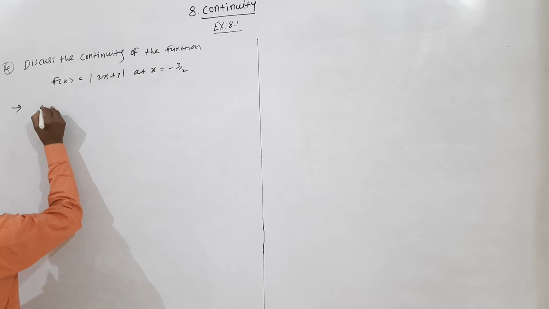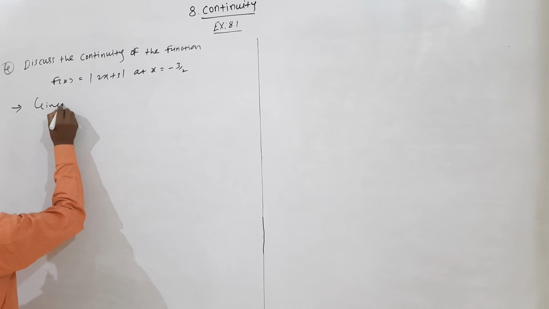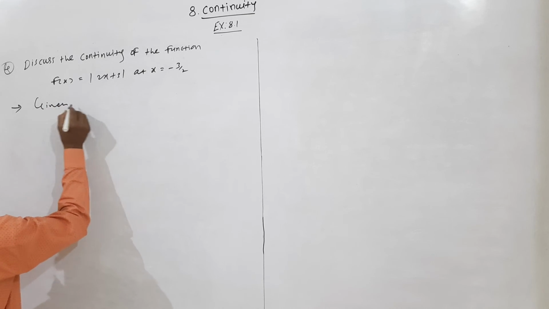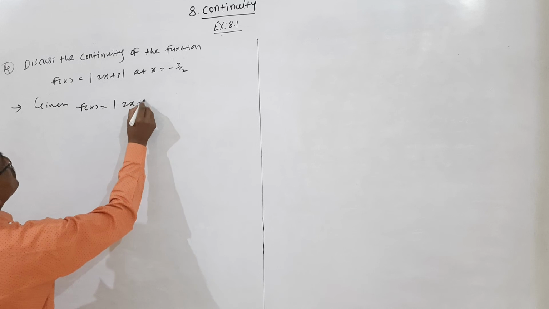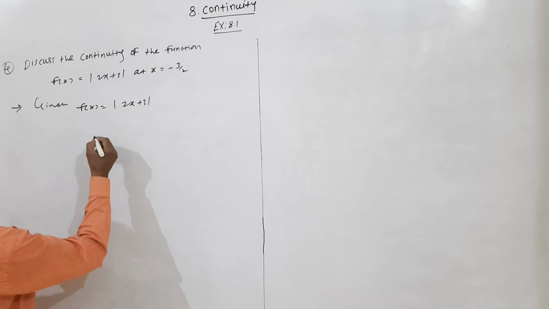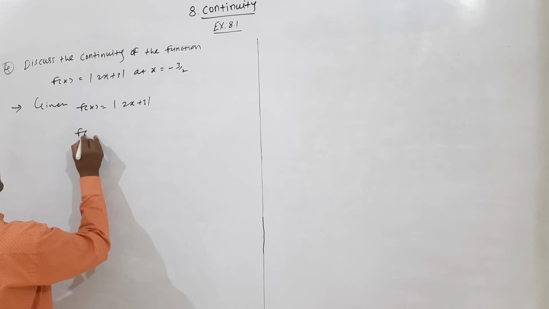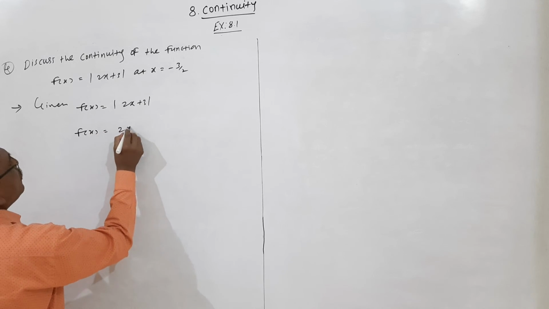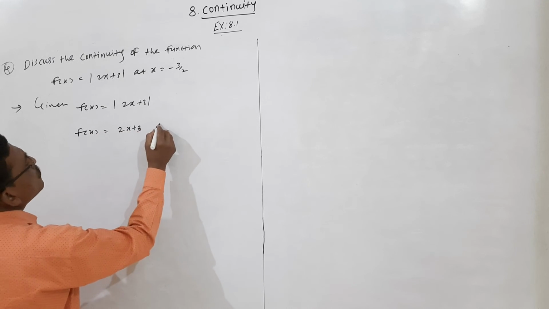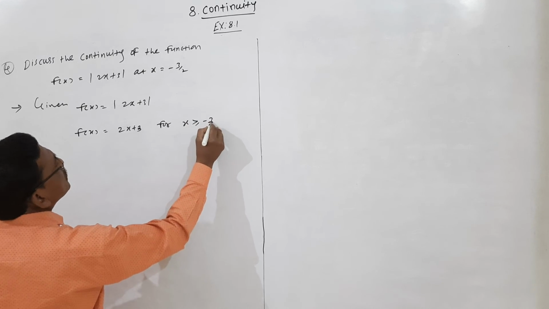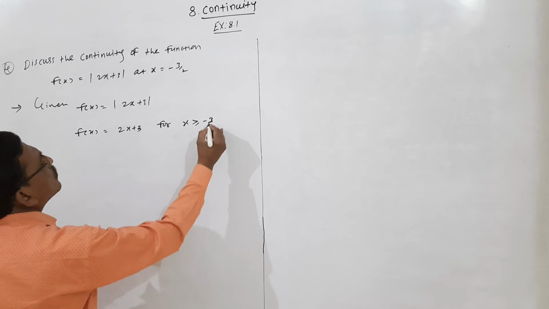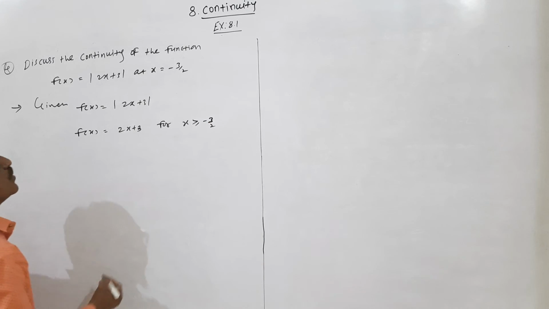So here, given function f of x equal to modulus of 2x plus 3. If we take its value positive, for x greater than or equal to minus 3 by 2, we take the positive value.